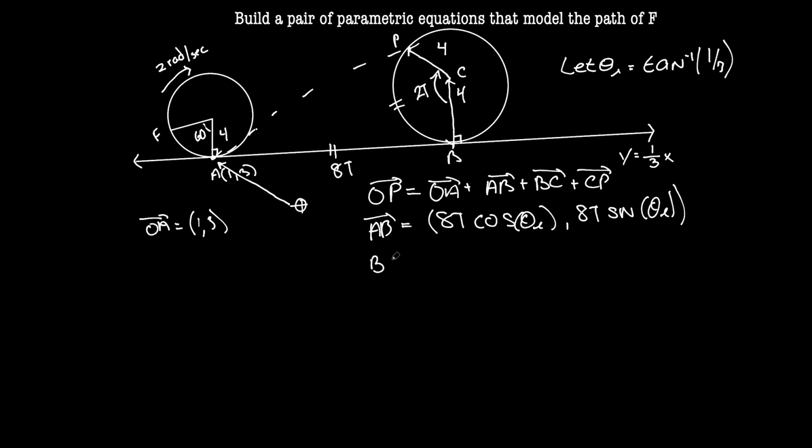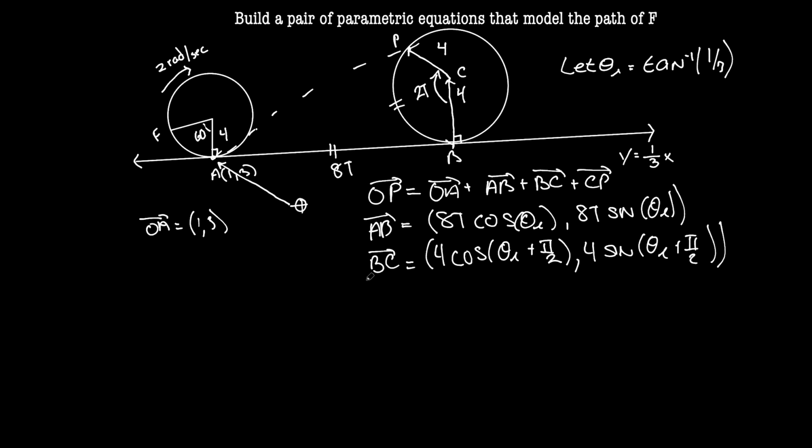So now we're looking at BC, which will be 4, because the magnitude of the length is 4, cosine previous angle, so theta L plus pi over 2, since we're rotating in the positive direction, 4 sine theta L plus pi over 2. And now let's look at CP. Typically the hardest, but not really if you break it down. So 4 cosine, and we're going to have 2 parentheses because we have theta L plus pi over 2.